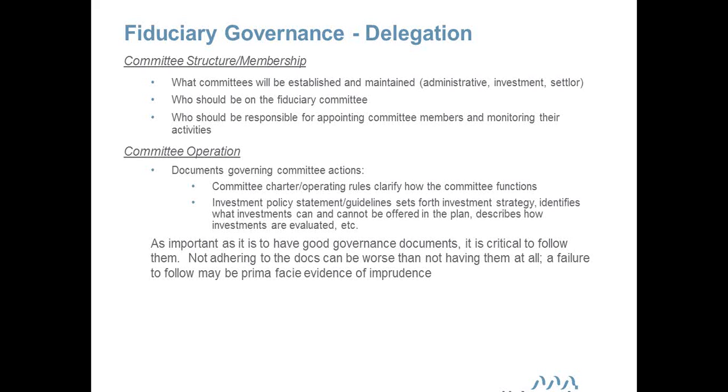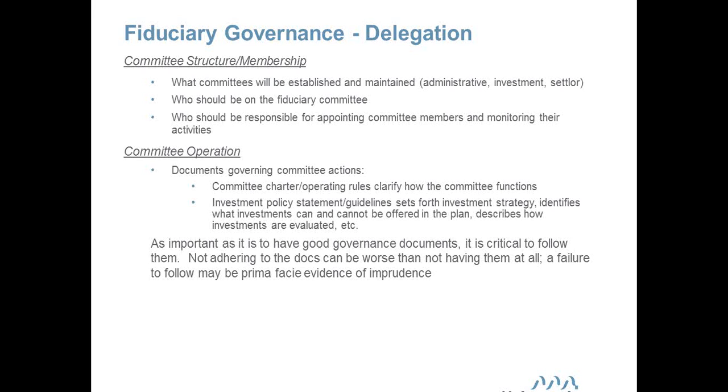Often I see people using a title to delegate functions, because if it says Joe Smith, when Joe Smith leaves, you have to redo your documents. But if it says Director of Human Resources, if Joe Smith leaves and somebody else comes in, then that person's already authorized in the documents to be on the committee.